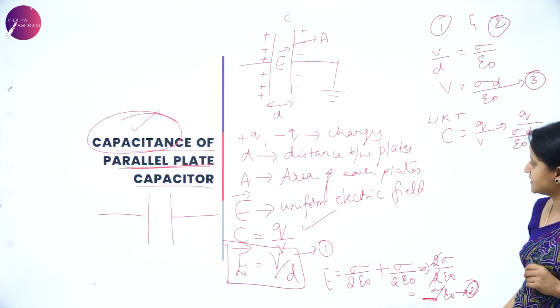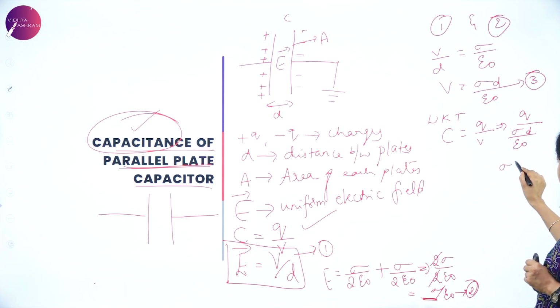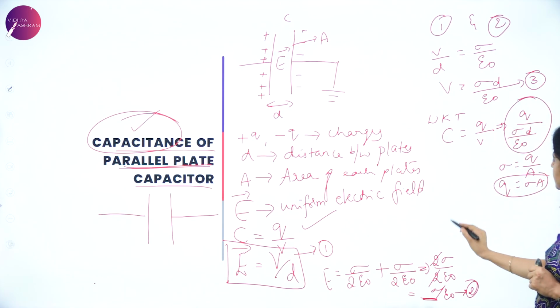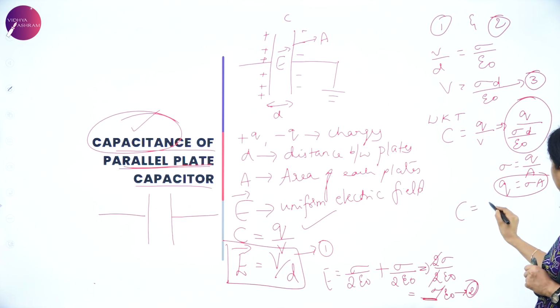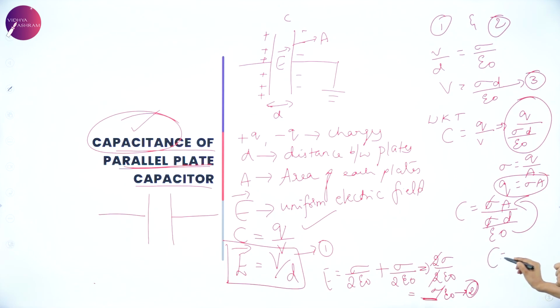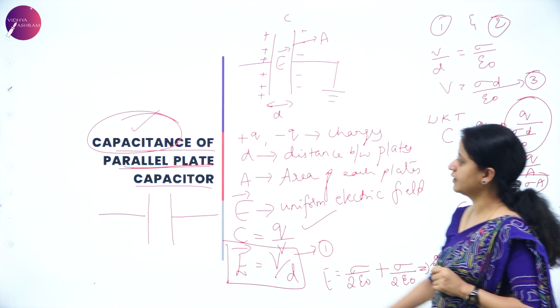But according to surface charge density, sigma is equal to Q divided by A, or Q is equal to sigma into A. Now substituting Q is equal to sigma A, we get C is equal to sigma A divided by sigma D divided by epsilon naught. Sigma and sigma will get cancelled, and epsilon naught moves to the numerator. So we get C is equal to A into epsilon naught divided by D.